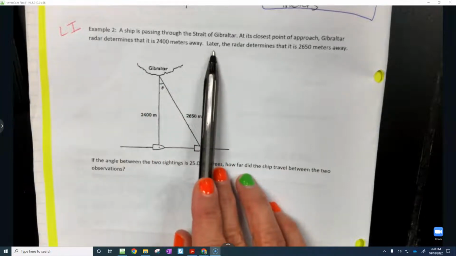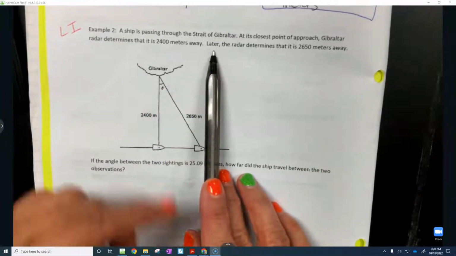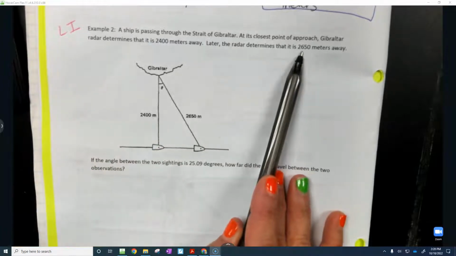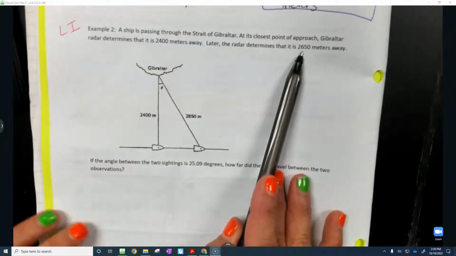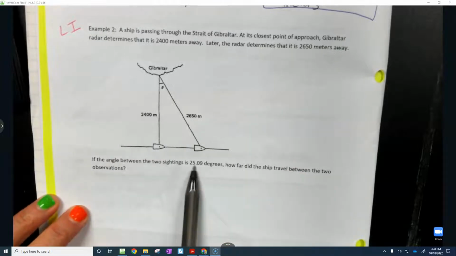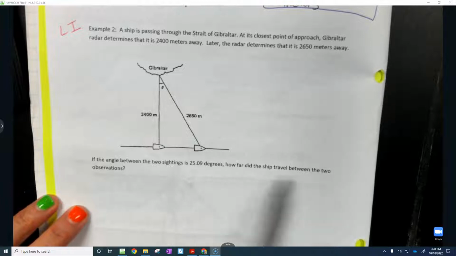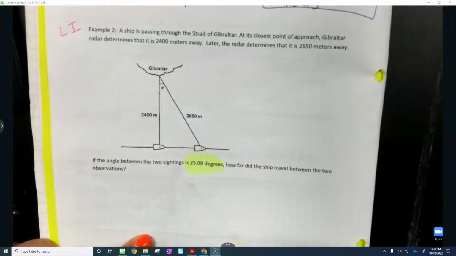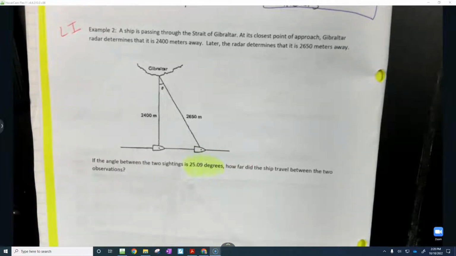Later, whoever is running the radar goes and gets coffee, comes back, and now he determines that the boat is 2,650 meters away. If the angle between the two sightings is 25.09 degrees, how far did the ship travel between the two observations? Oh, I love when they give me degrees because it's a level 1 problem.